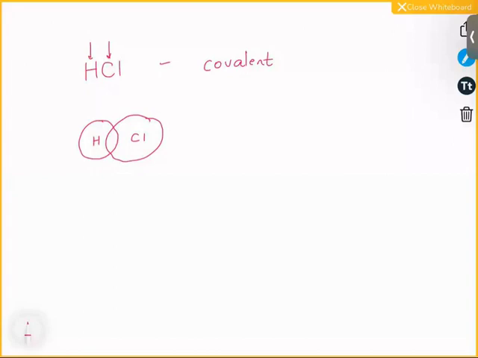Now, they overlap, and it's a bit like a Venn diagram in maths. The shared area, this bit, is the bit that's shared between both atoms. The atoms have electrons from both of the atoms to be able to be shared. So hydrogen needs one extra electron to fulfil its outer shell because it's got one already.